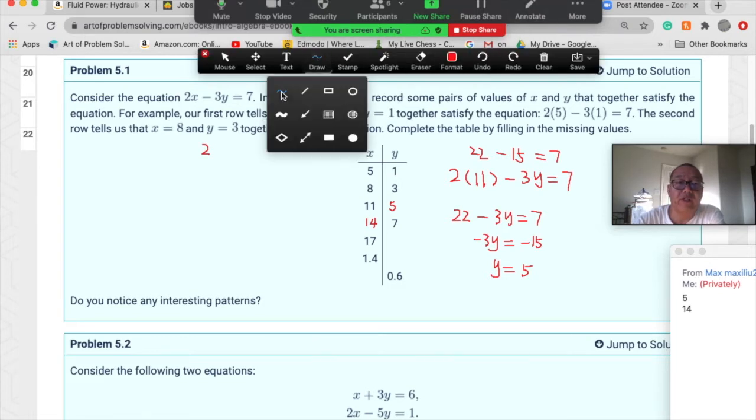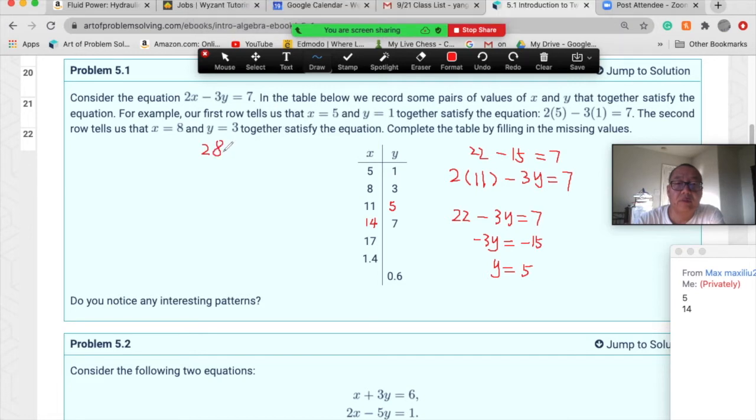Then 28 minus 3 times 7, that's 21. So you get this one equals 7. So that's right. Now, what is the value for this one?